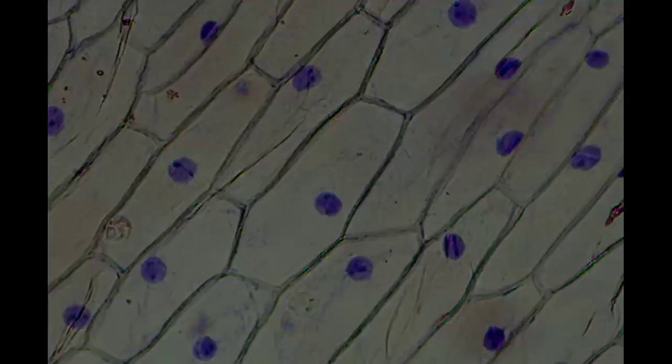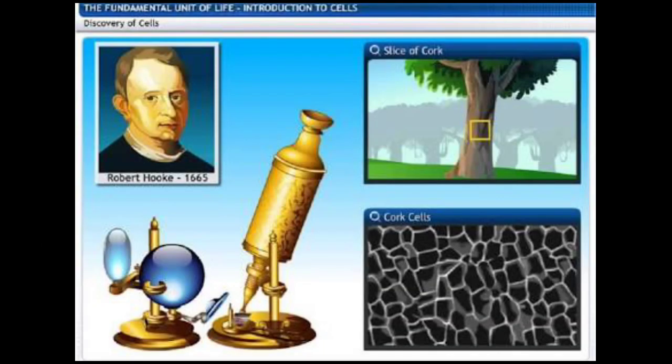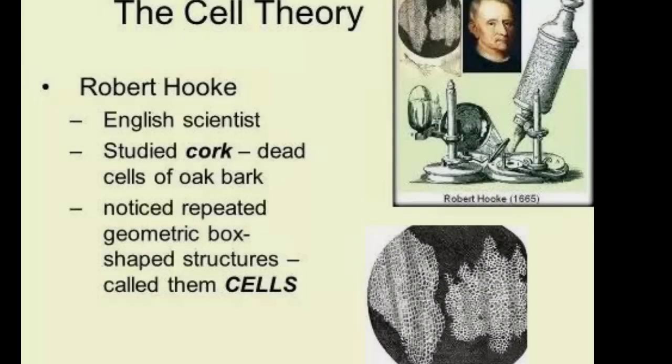An English scientist, Robert Hooke, was the first person to use a microscope for academic studies. In 1665, he observed slices of cork under a simple microscope. Cork is a part of the bark of a tree.